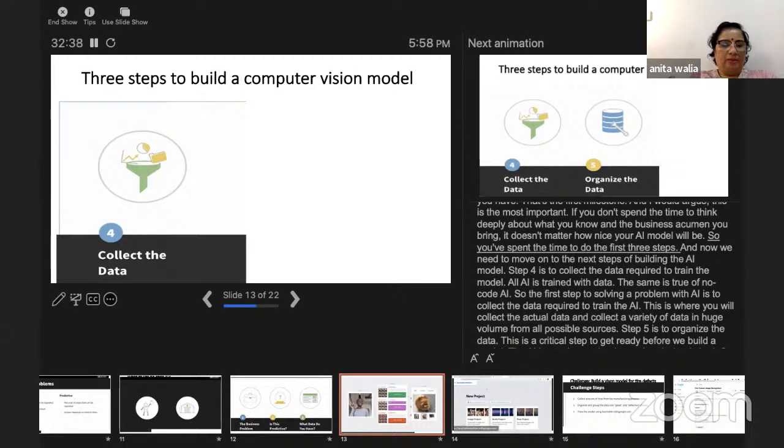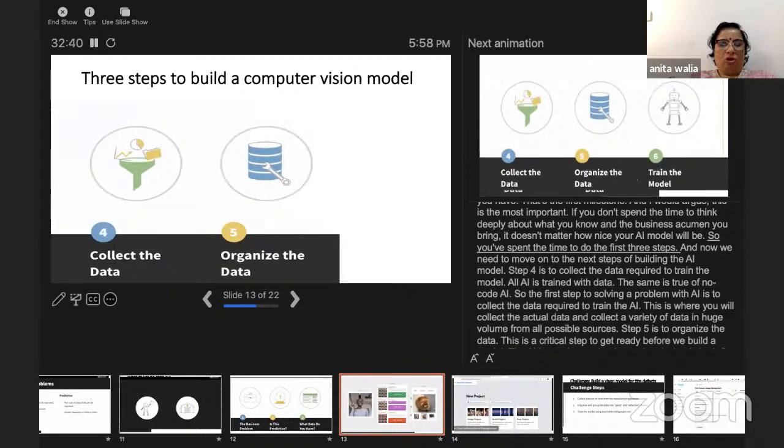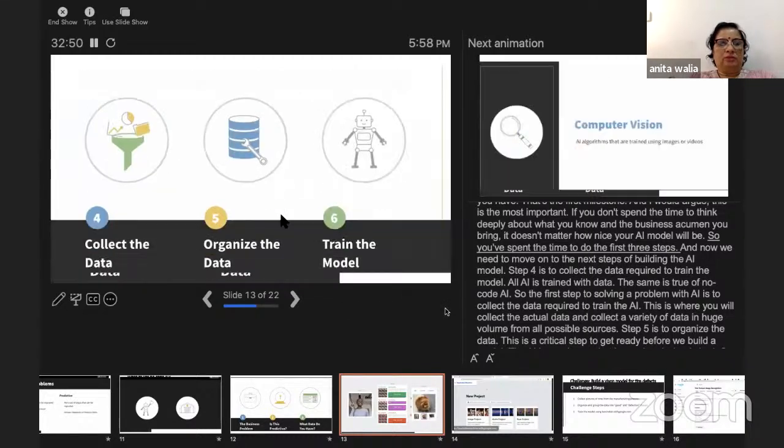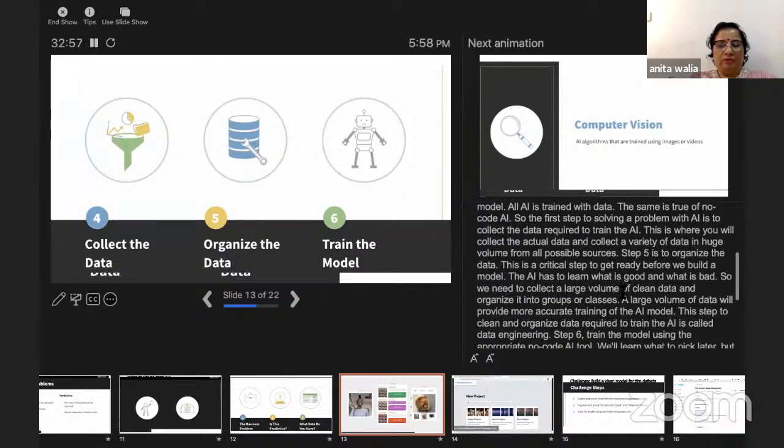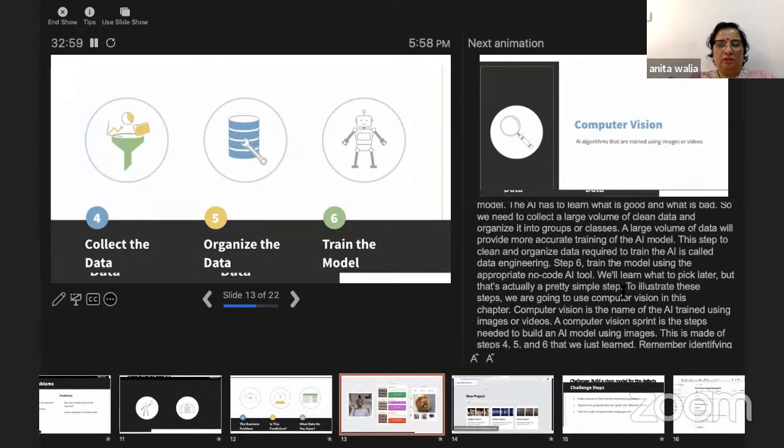The second step is to organize the data into categories, 2 sets. I'll show you that, then you will understand what I'm talking about. And the third step is to train the model, to predict. Any doubts so far, so that we can go to the tool?